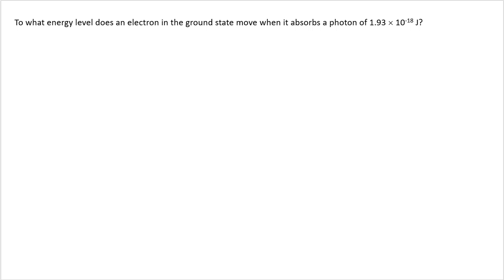And then last but not least, we have to find what energy level. This is a hard one. Whenever it's asking for an energy level, those are the tricky ones. That's when you have to solve for an n. It's in the ground state, and it's going to absorb a photon that has an energy of 1.93 times 10 to the minus 18th joules.